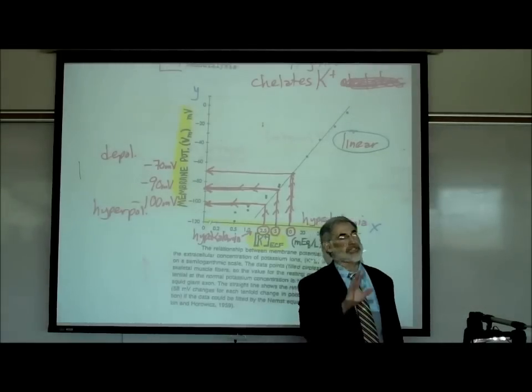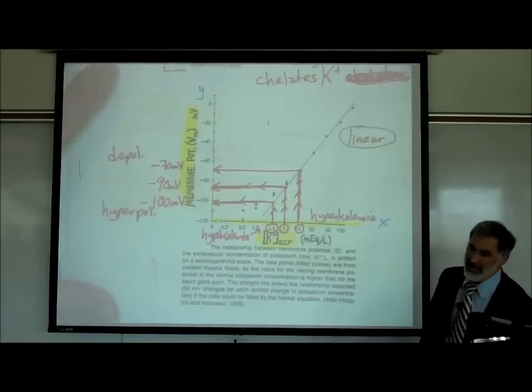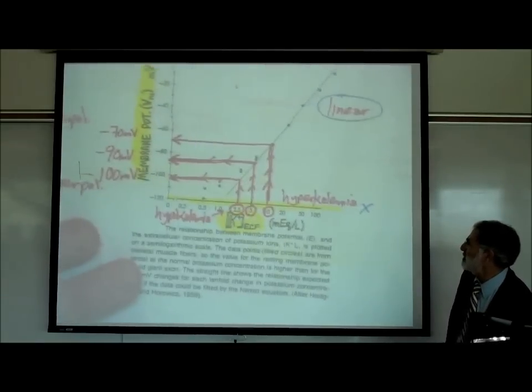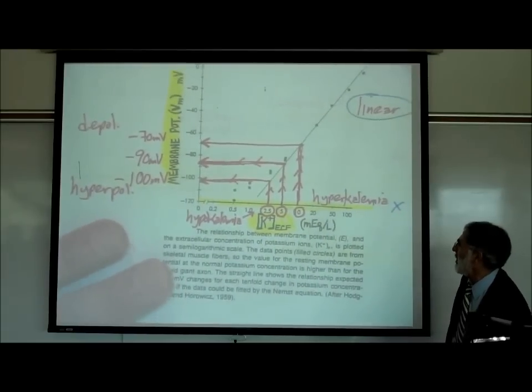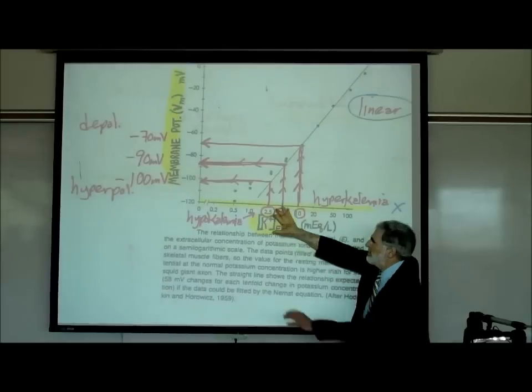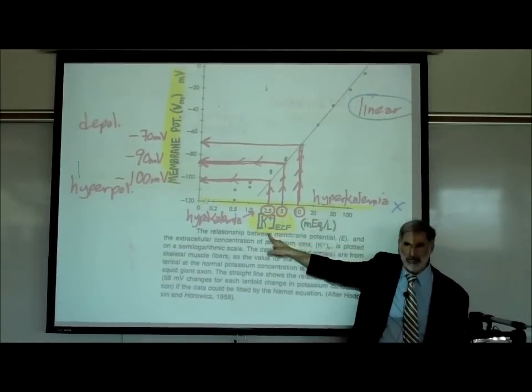We use graphs to summarize a concept. So, we're going to get really good at reading graphs, as I told you. First thing we do is see what's plotted on the graph. On the x-axis is the concentration of potassium in the blood and other extracellular fluids in milliequivalents per liter.